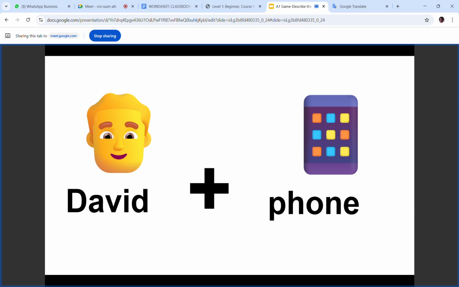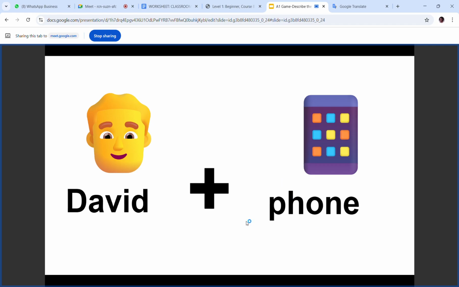Yeah, so this is 3 sentences, okay? Number 1, this is David. Number 2, this is a phone. And sentence number 3 is, this is David's phone.